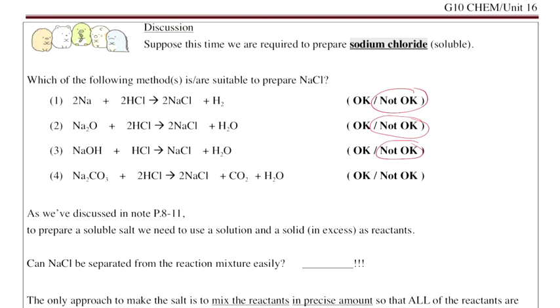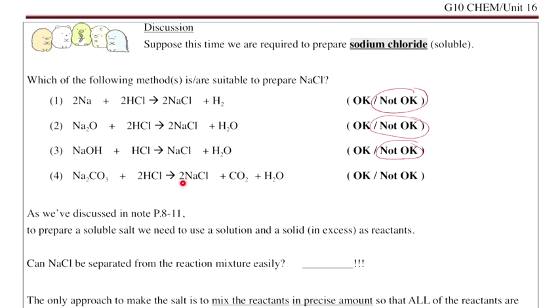How about the last one? The student suggests to use sodium carbonate to react with hydrochloric acid. This time, the product would be sodium chloride plus carbon dioxide plus water. Carbon dioxide is a gas, so it will escape from the system readily, so no need to worry about that. And water, again, we can evaporate the excess water. Then we need to consider the same problem again.